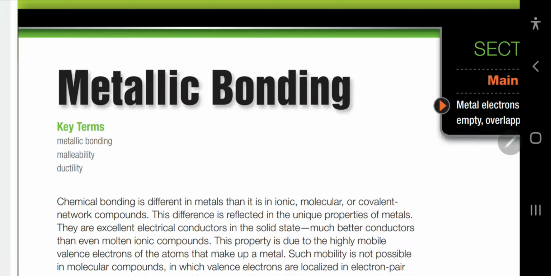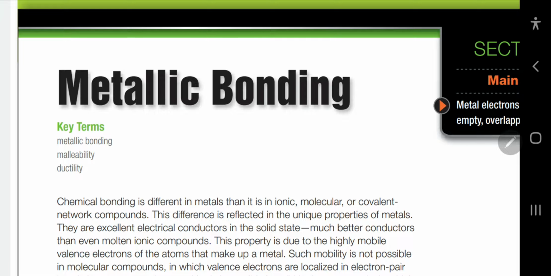It is not like covalent and ionic bonds, because here we are talking about bonding between two atoms that have the same identity, which means, for example, two sodium atoms together, or two potassium atoms together, or two copper, or two lithium or magnesium, or only metals.